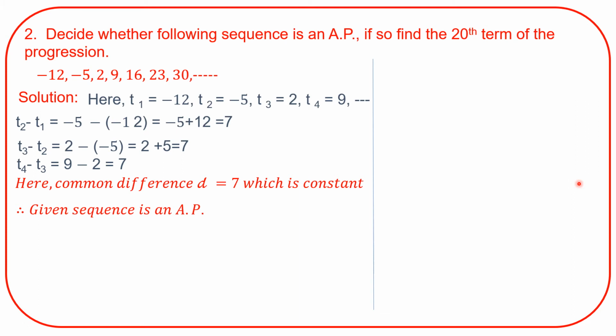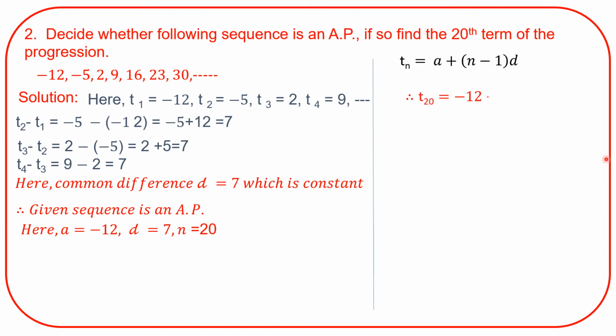What is A? A means first term, that is minus 12. D we already found out. And n, that is 20, is given. Write down: here A is equal to minus 12, D is equal to 7 and n is equal to 20. Now substitute the values of A, n and D.